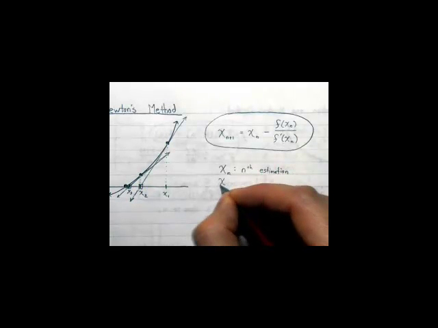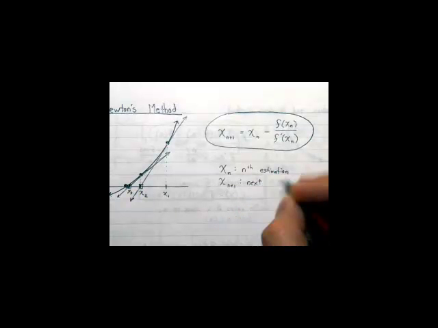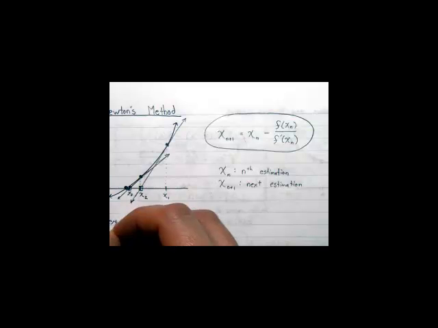And then x sub n plus 1 would be the next estimation. And we're going to use this little formula and repeat it over and over again until we get the same number of decimal places at the beginning that we can be confident of, however accurate we want to be with it. Okay? So, let's put this in action for a second here.